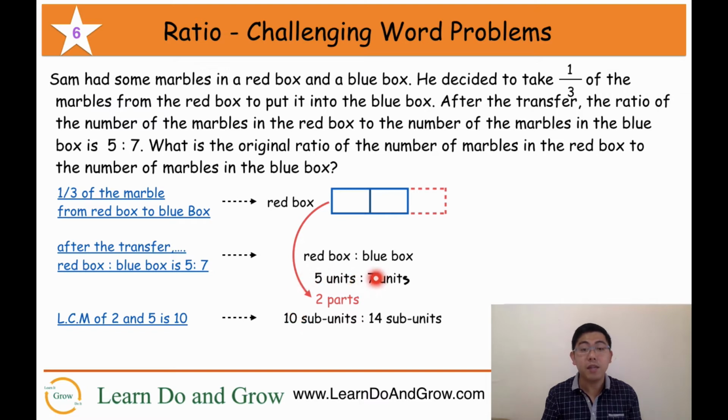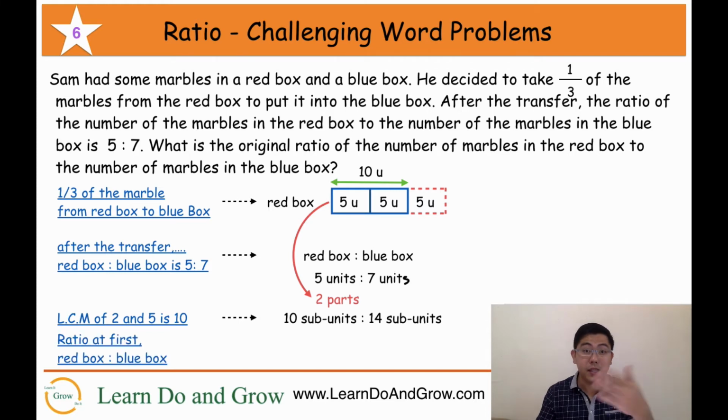So in that case, my ratio over here also increased by 2 times. 7 times 2 equals 14. Now, you know, these 2 parts equal 10 units. In that case, 1 part equals 5 units, subunit over there, right? And 5. And the ratio, again, the same as the previous slide.